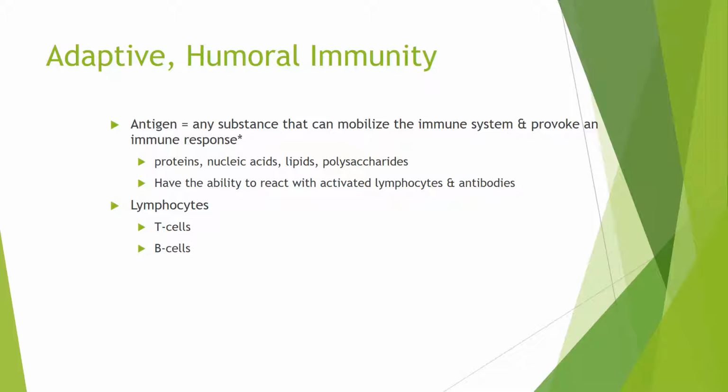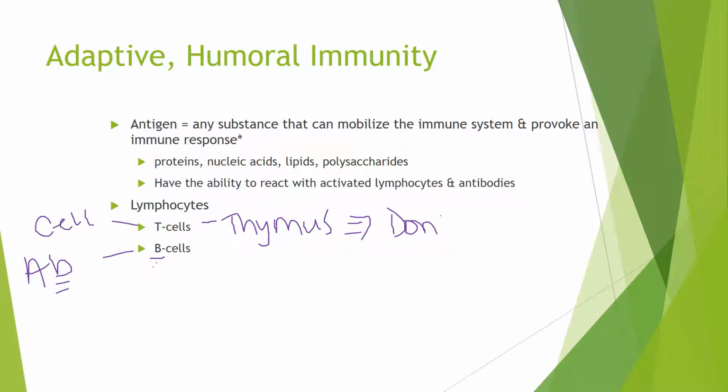So the two different types of lymphocytes that are involved are, again, the T cells and the B cells. The T cells are going to be with cell-mediated immunity. And with the B cells, if you can remember antibody, which I'm just going to abbreviate AB, the B-mediated responses. Our T cells are produced within the thymus, and the big thing is that they don't secrete antibodies.